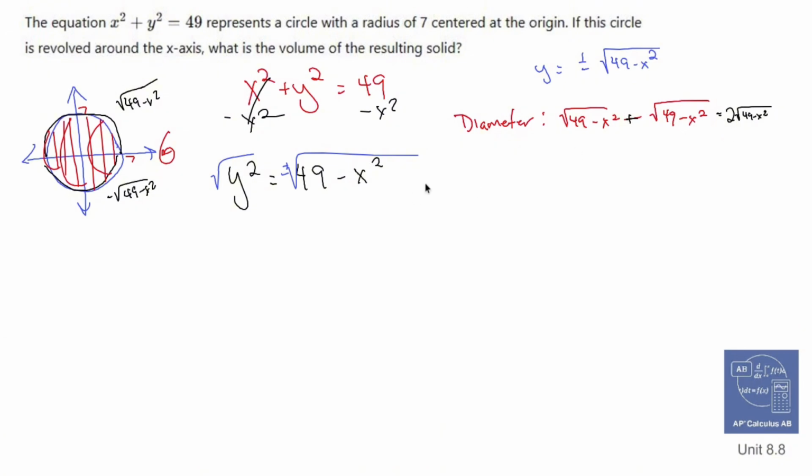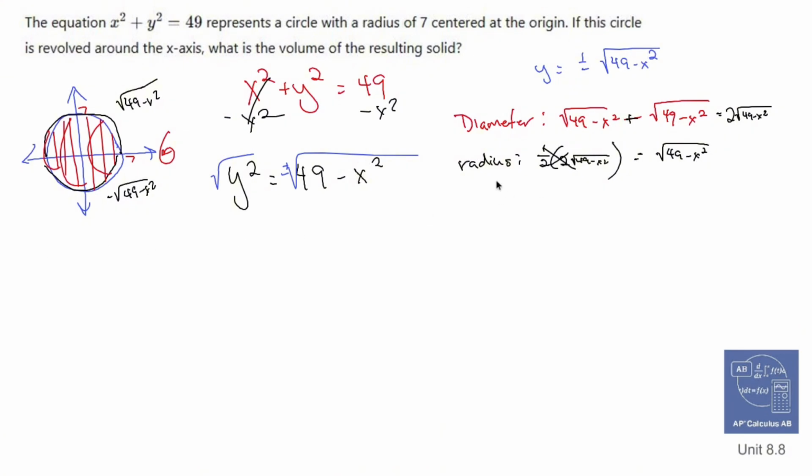Now the radius is going to be half of that. Why do I care about the radius? Because my job is to find the volume, and if I integrate the area, then I get the volume. So the radius is half of 2 square root of 49 minus x squared, which is the square root of 49 minus x squared.